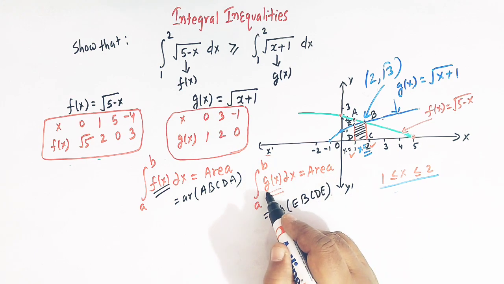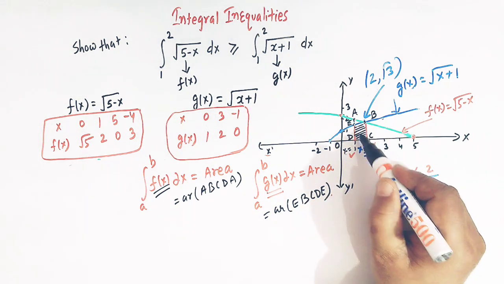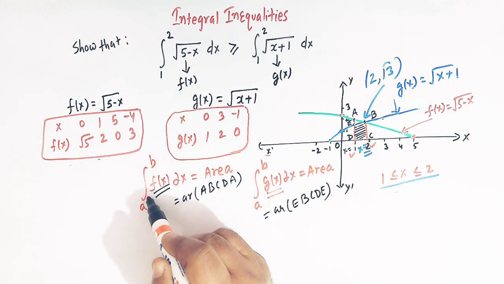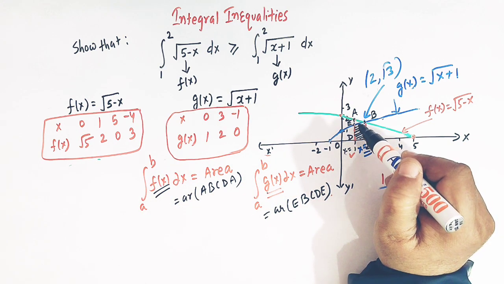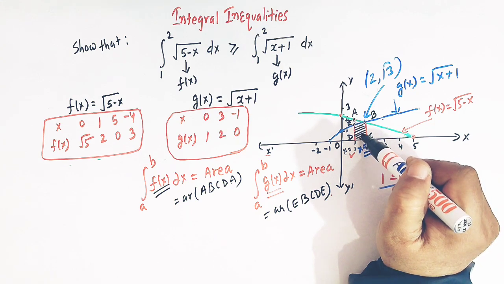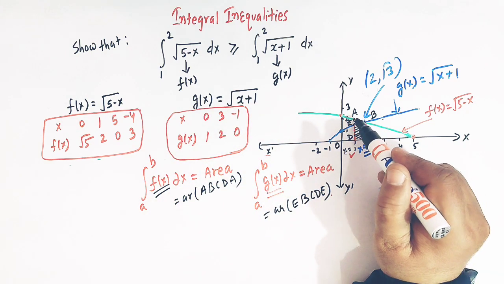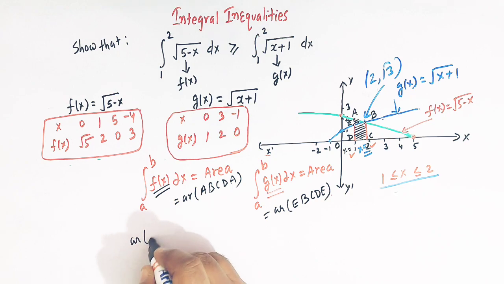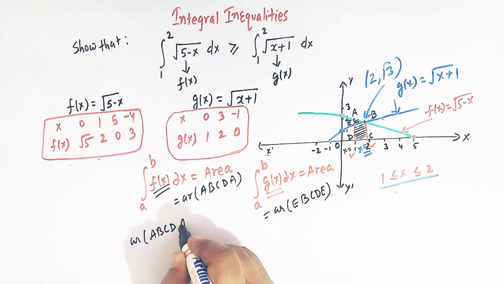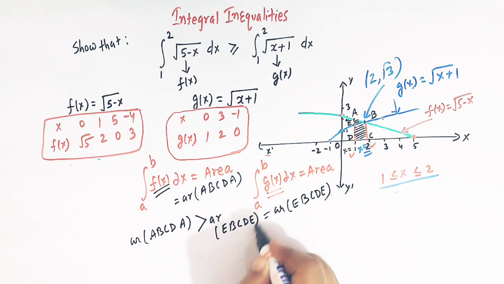So the area bounded by g of x is given by this shaded region, and the area bounded by this curve f of x from x equal to 1 to 2 is this additional area including this one, right? So here we have this area also. So we can see from the figure that this area, that is area A, B, C, D, A, is greater than the area E, B, C, D, E, right?